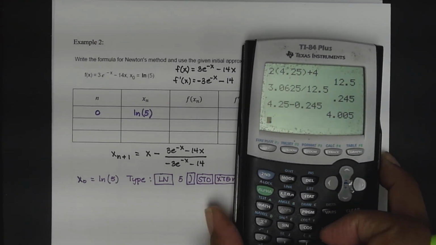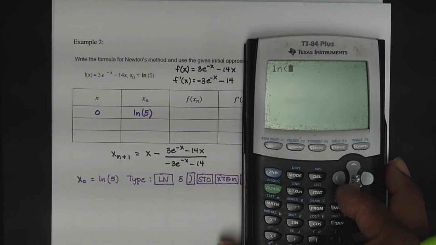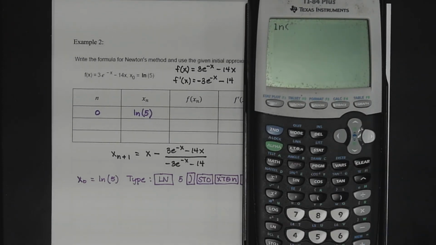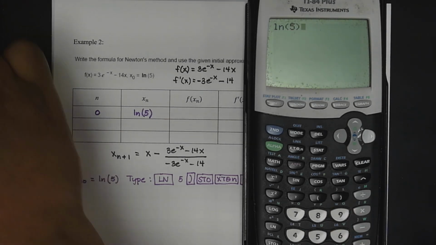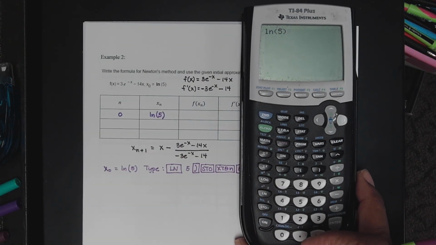Okay. So here's what we have. You want to press the ln key, which is on the far left-hand side. That gives you the left parentheses. Press the number 5, close parentheses. And then you're going to store this. And I'm going to zoom out a bit so you can see what I'm doing here.